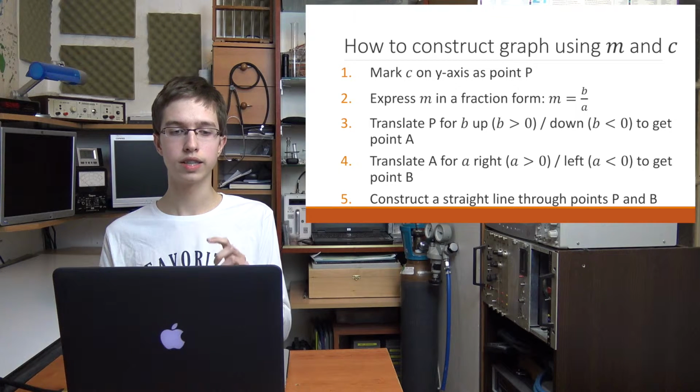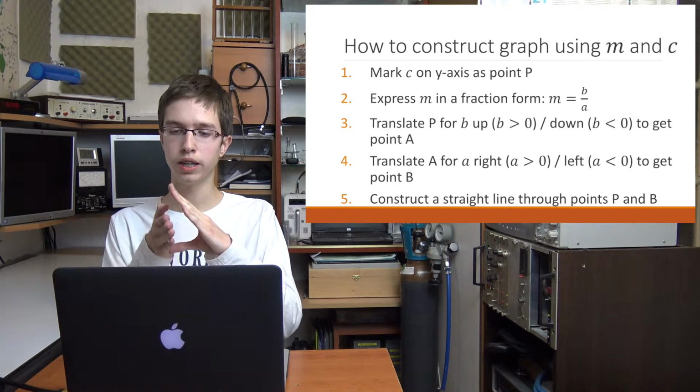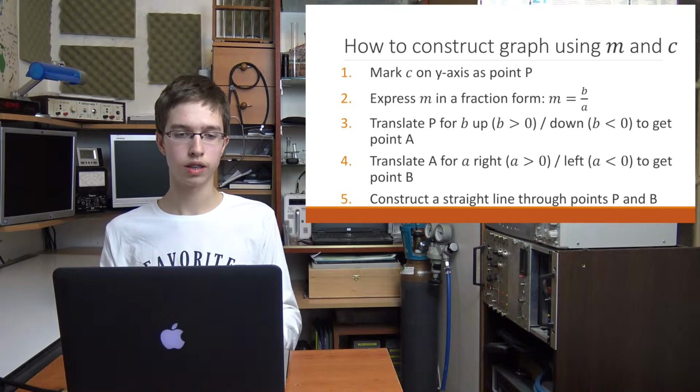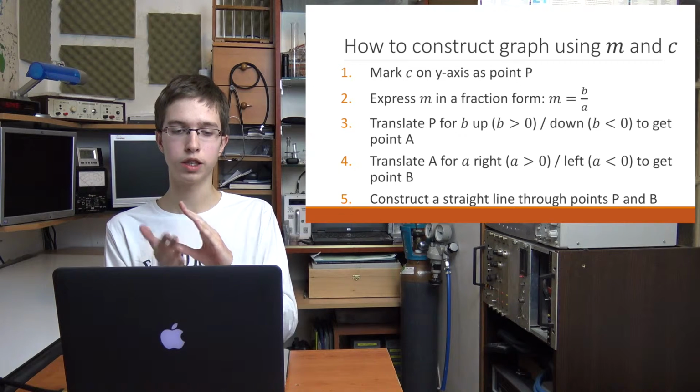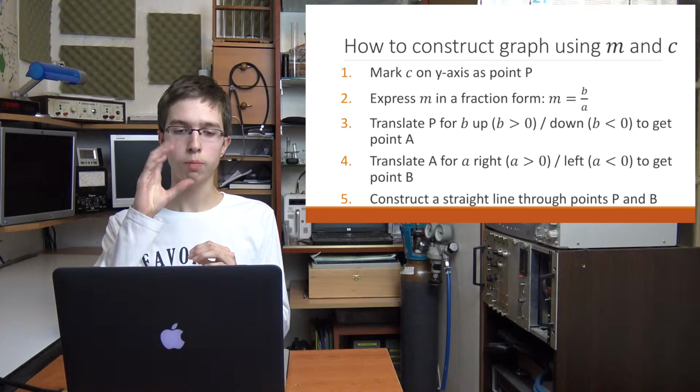How to construct a graph using slope and y-intercept? First we have to mark c on the y-axis as point P. Now express m, the slope of the straight line, in fraction form, b divided by a. If we have a right angle triangle, here is b divided by a, which is m. Now translate this point b units up or down.